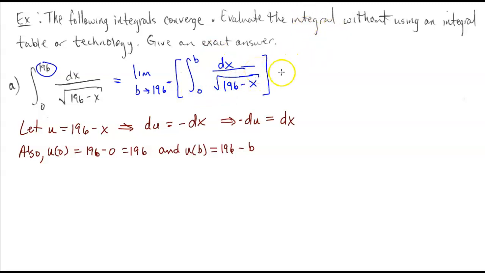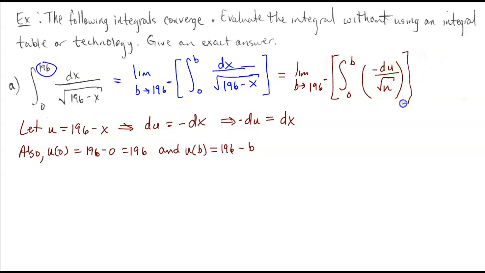Okay. And so with that being said, we will go ahead and use this information to evaluate our integral now. So here we have the limit as b approaches 196 from the left. And this will be minus du over square root of u.